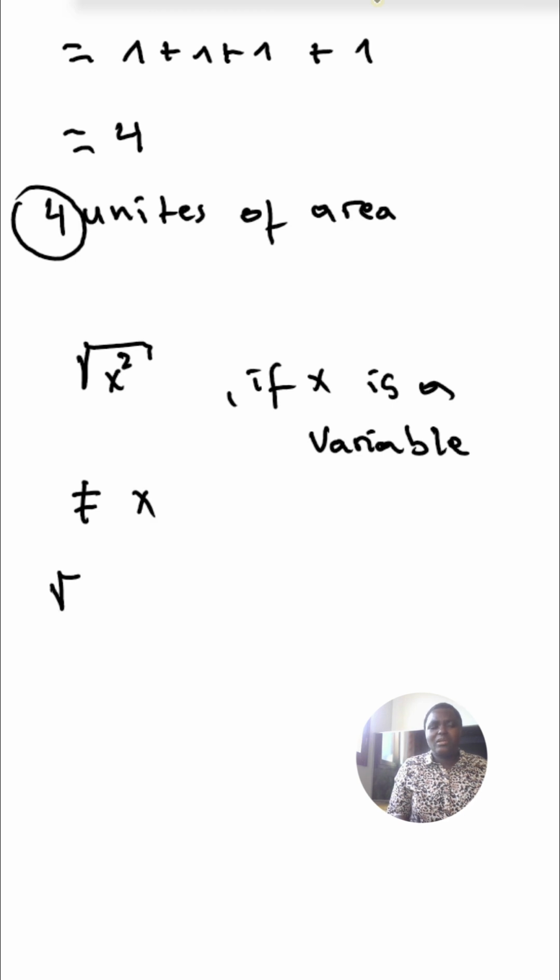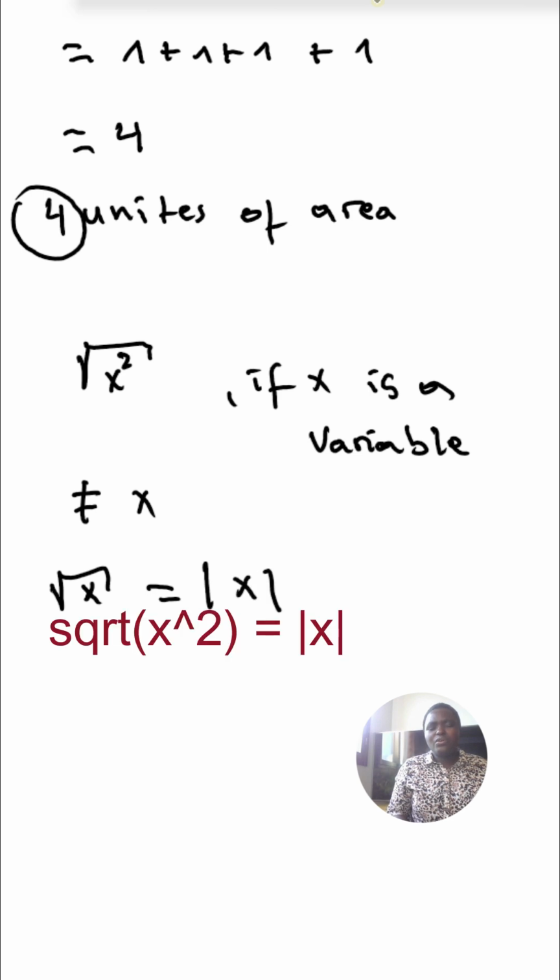Actually, this square root of x squared is equal to absolute value of x.